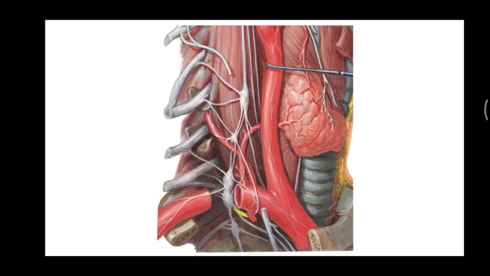And this is another branch from the inferior cervical ganglion or stellate ganglion, that is the cardiac branch. This cardiac branch is going to form the deep cardiac plexus. The preganglionic fibers for these cardiac branches of the cervical ganglia are derived from the T1 to T5 cord segments.